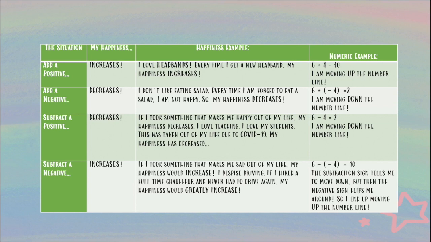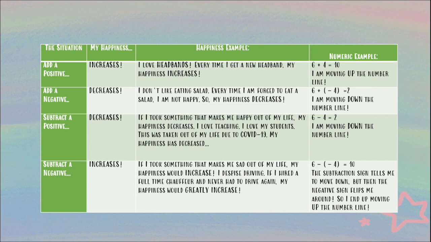And lastly, we'll talk about subtracting a negative here. So when I subtract a negative, our value increases, right? And that's the same thing with my happiness. If I take something that makes me sad out of my life, my happiness is going to increase. So something that makes me pretty upset and sad is driving. I don't like driving. If I took driving out of my life, my happiness would greatly increase, right?